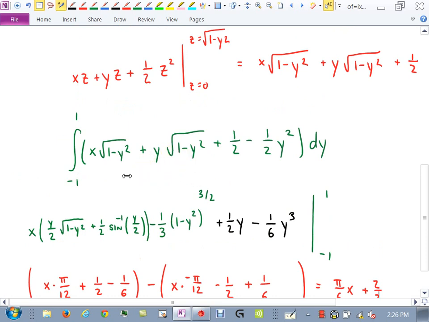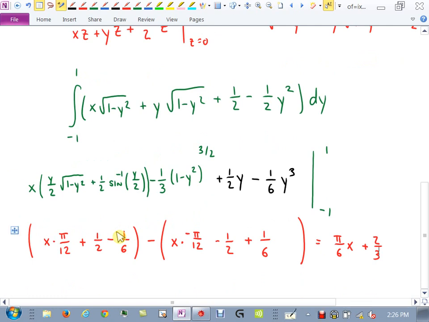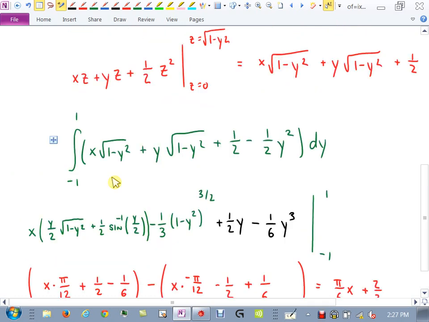Something's off. Maybe it was off in my formula I wrote down. Well, the x only goes to these two right here. Yeah, because this one went away when I plugged in 1. And then this one gave us the pi over 12. There's something off in here.